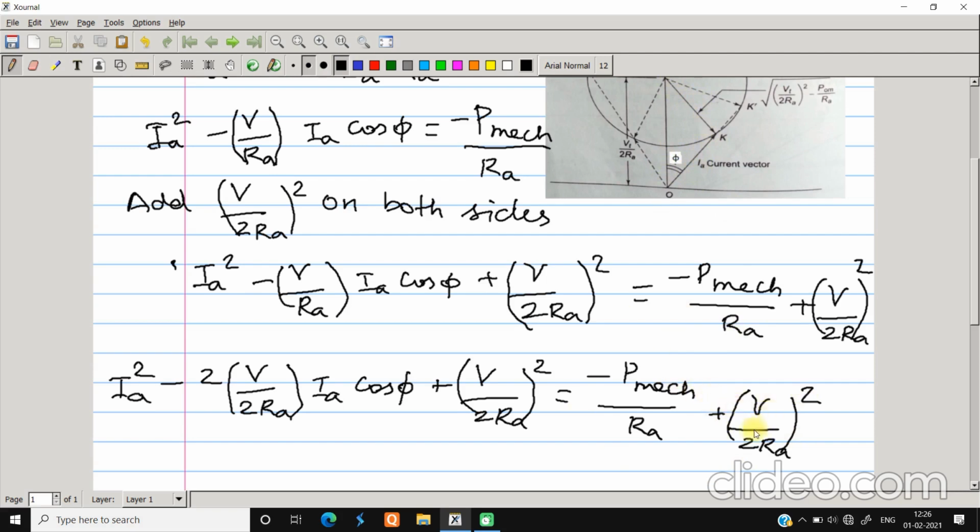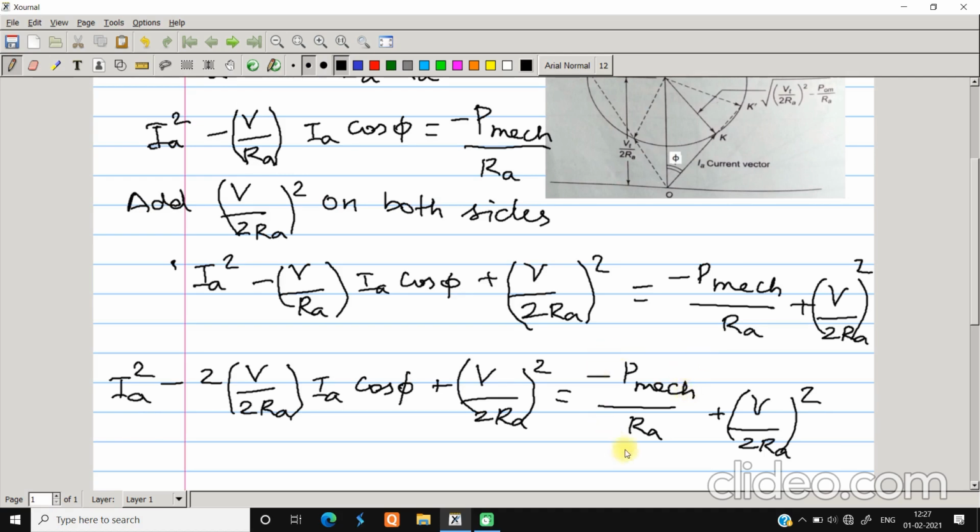This term can be written as V by 2Ra the whole square minus P mechanical divided by Ra, since this term will be the square of the third side's length, because the cosine law says a square is equal to b square plus c square plus 2bc cos theta or phi, whichever angle is subtended by the b and c sides of a triangle.